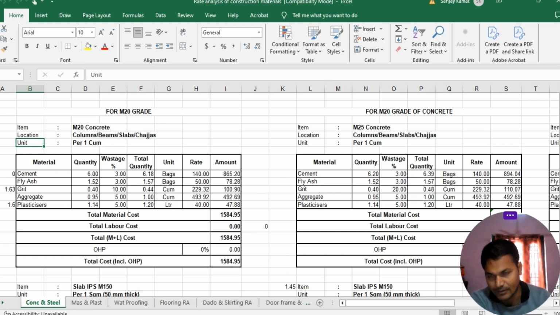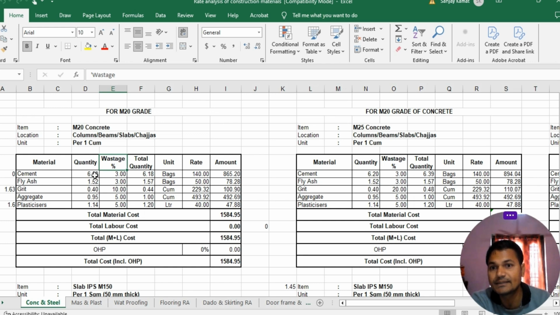Okay, so in material, what materials have we taken? Cement, fly ash, grit, aggregate, and plasticizers. Now let's say cement, how much have we taken? Cement we have taken 6 bags, and the wastage percentage is 3%.